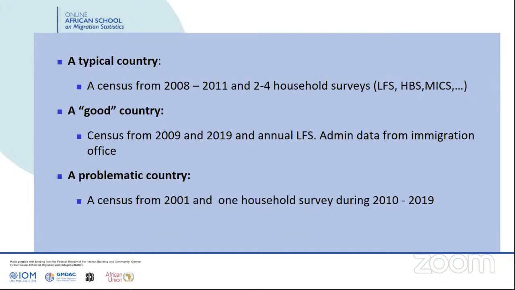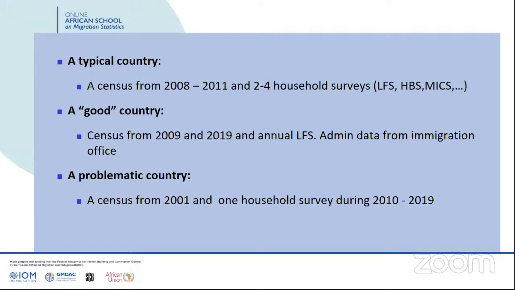So this is a very good country, because we have a census at the start 2009 and at the end 2019. We will have a very good trend over our period, and because we have annual labor force survey, we will have very good results from that country.